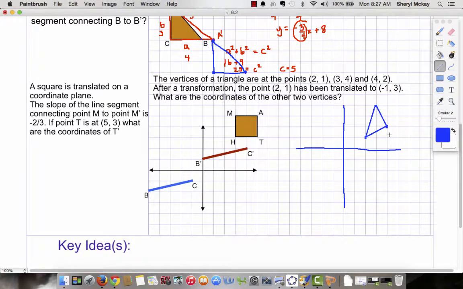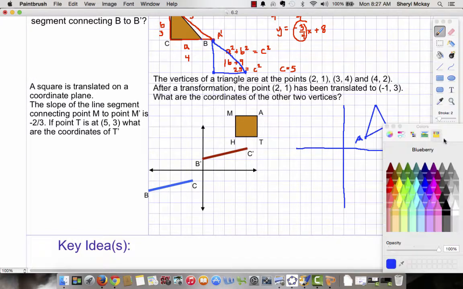And what it says is that after a translation, (2, 1), which we'll go ahead and call point A, has been translated to (-1, 3).